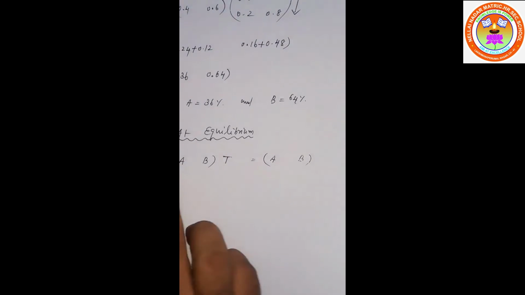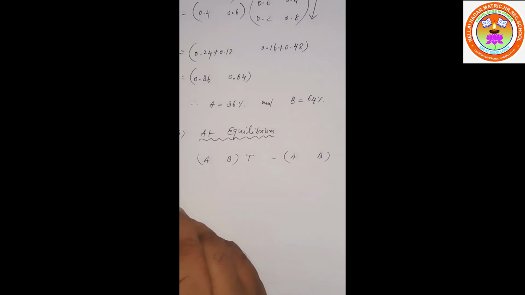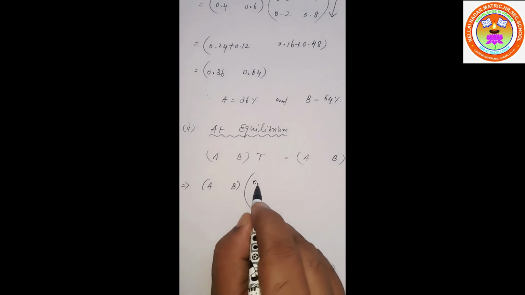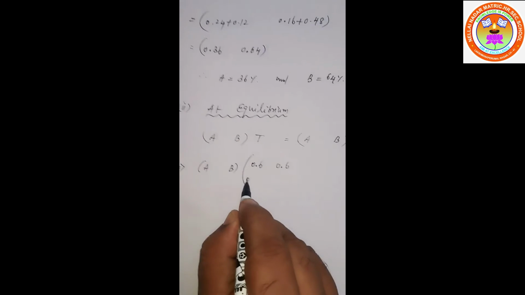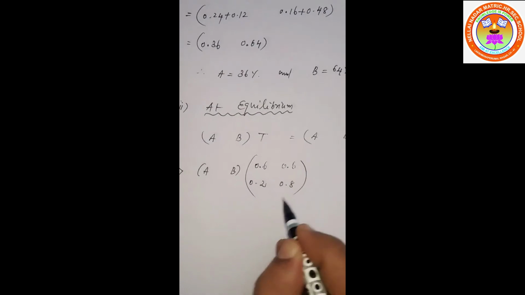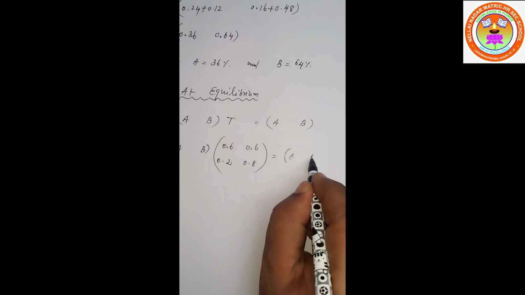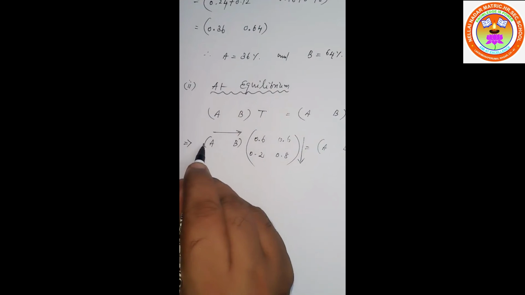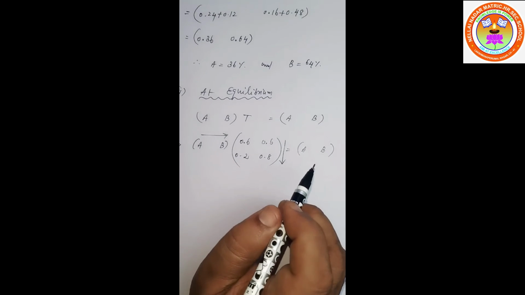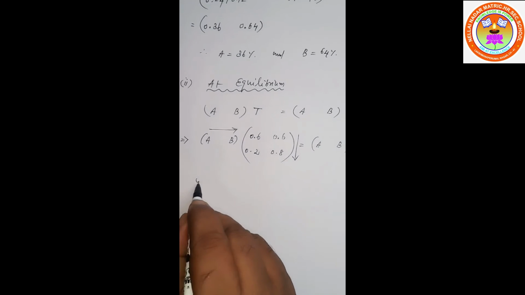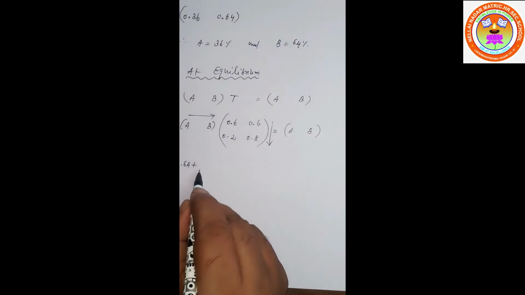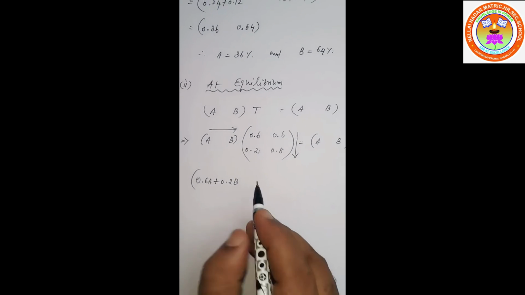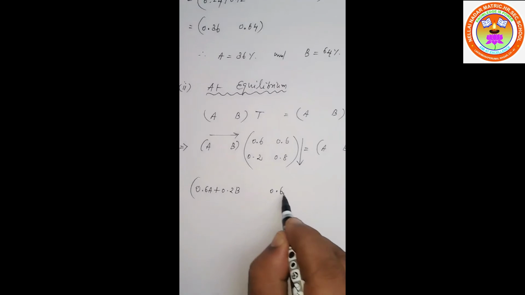Whenever you are given equilibrium, you have to write like this, which implies write A and B as it is into the transition matrix 0.6, 0.4, 0.2, 0.8, that is equal to A and B. Row by column: A into 0.6, 0.6A, plus B into 0.2, 0.2B.